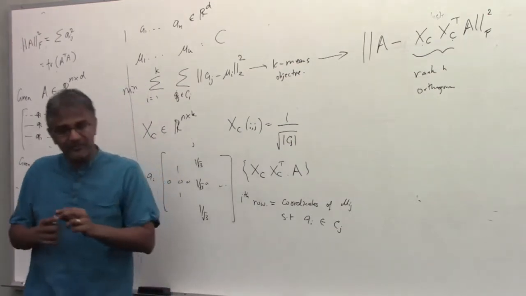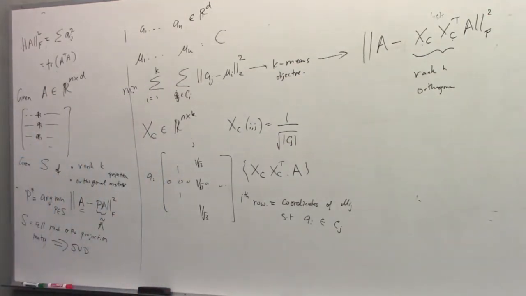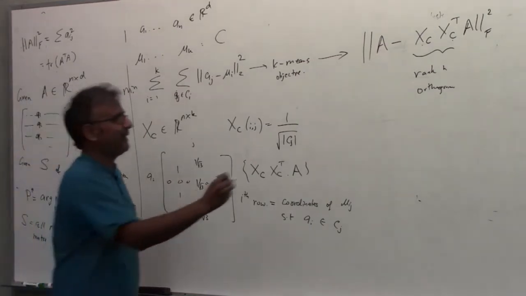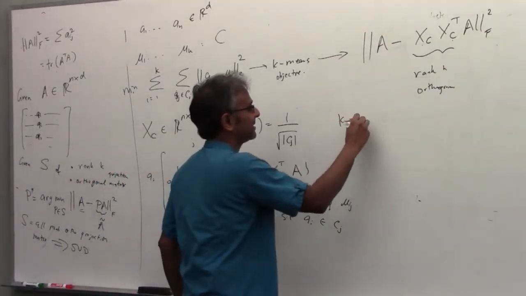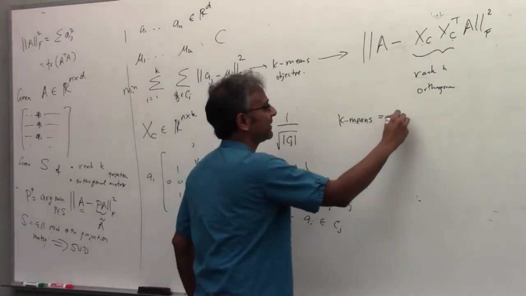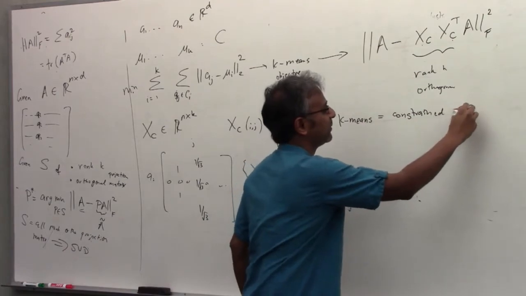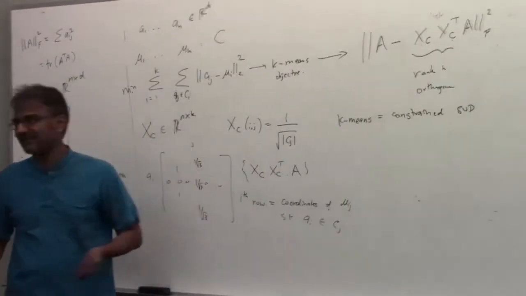So you can think of k-means clustering as a problem whose relaxation is the SVD, but it's actually a constrained version of that. So in other words, k-means equals constrained SVD, or SVD is a relaxed case.